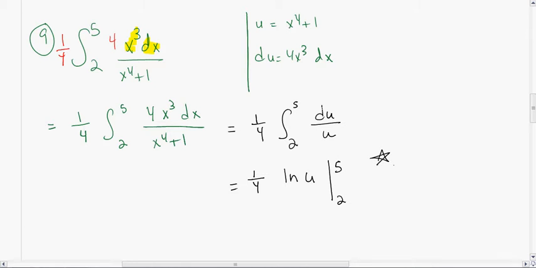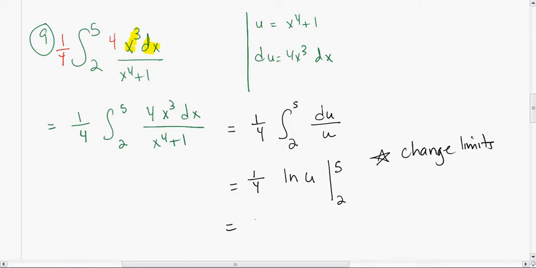So at this point, you've got two steps. You can either change your limits of integration. If you want to leave u and evaluate the log of u, then you're going to need to change the limits of integration from 2 to 5 to something else. I am just going to substitute x to the 4th plus 1 back in for u. It's a relatively easy expression to evaluate, and I can use my calculator on this problem.